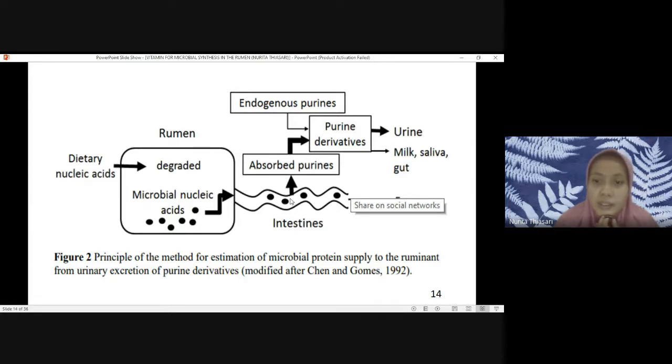In the intestine, it is broken down and becomes purine, which is absorbed and then becomes the purine derivative. Some of the purine goes to urine, and a little goes to milk, saliva, and the gut.